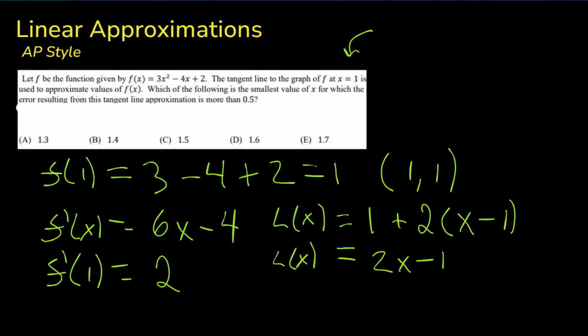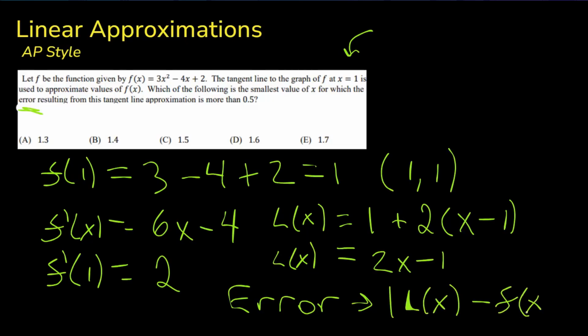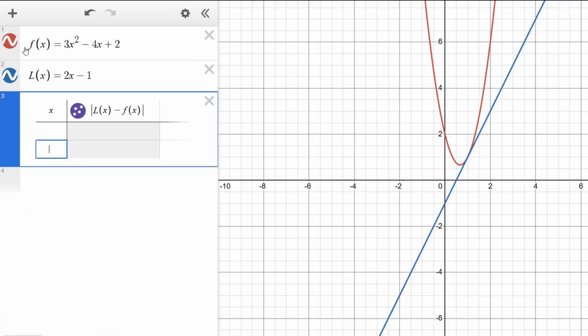And now the error is the absolute value of the difference of L of x and f of x. We want to know where the error is more than 0.5. So here I have the graph of f in red, the graph of L in blue, and I have a table of values for finding the error.